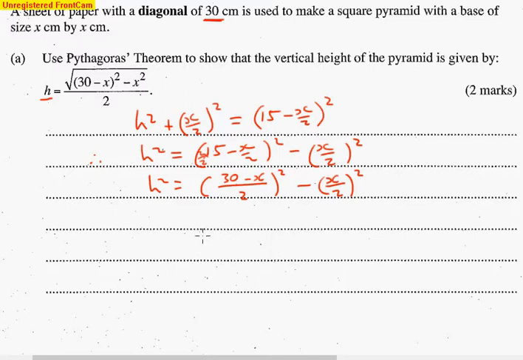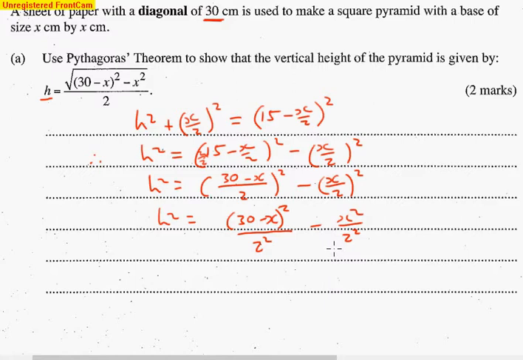Nearly there, really. I'm just going to do a little bit with those brackets. h squared equals. Going to separate out the top and the bottom parts. So I've got 30 minus x squared over 2 squared minus x squared over 2 squared.